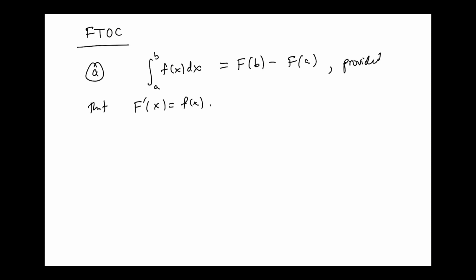Big F is an antiderivative of little f means that the derivative of big F is little f. Good? So provided that you have an antiderivative, then a definite integral is really just a matter of plugging things into this antiderivative and subtracting and not botching the arithmetic.